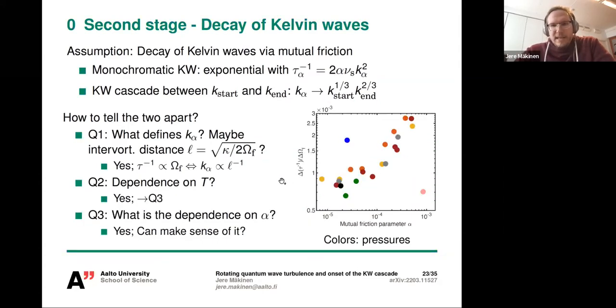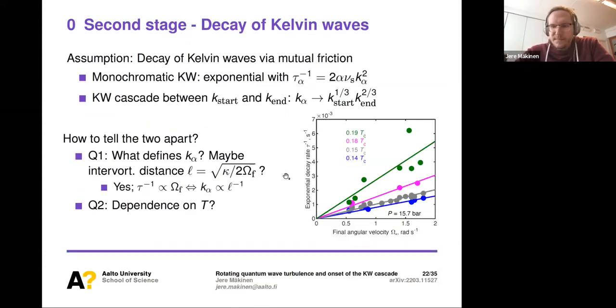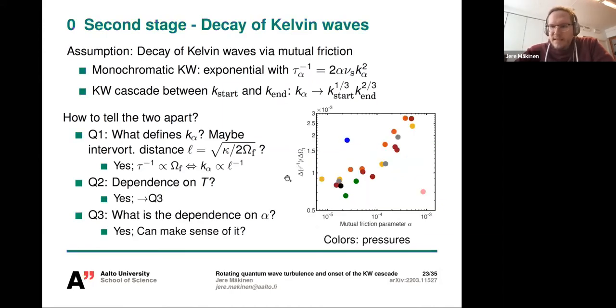Okay, so what else? This is if we plot the slope here, which is essentially the rotation velocity normalized dissipation rate, as a function of the mutual friction parameter alpha. This is what we get.